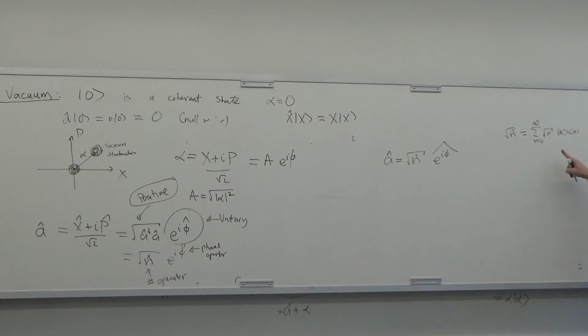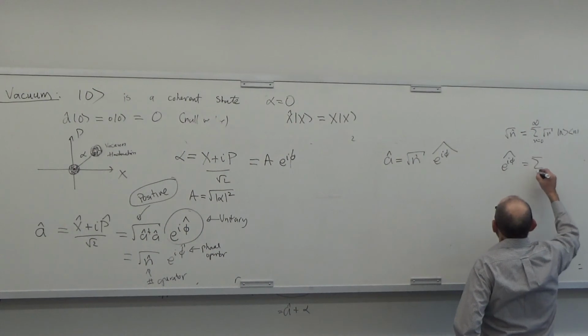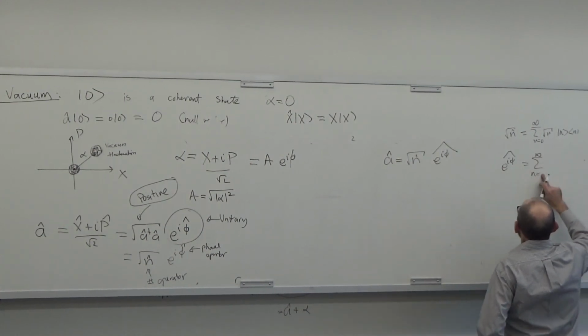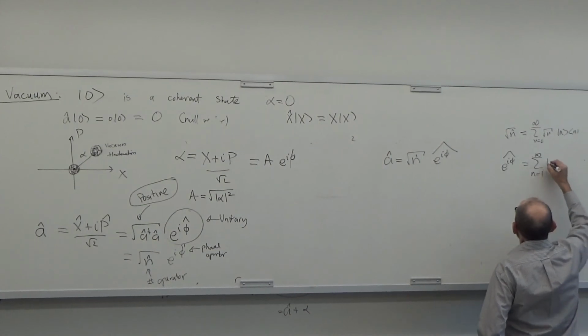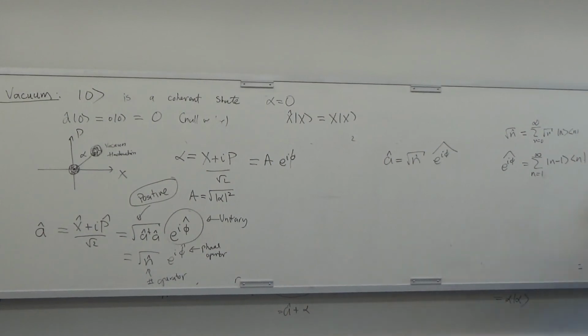It's an operator whose eigenvectors are the Fock states, and whose eigenvalues are the square root of n. That's a fine operator. This operator, I'm going to define as this. This operator takes n to n minus 1.